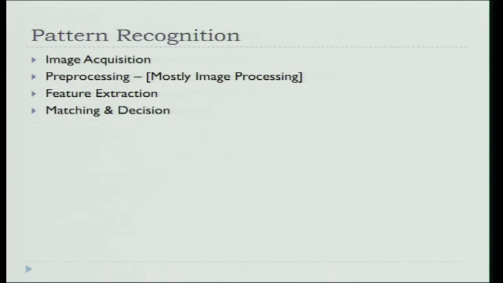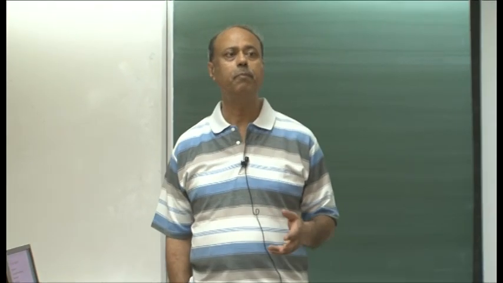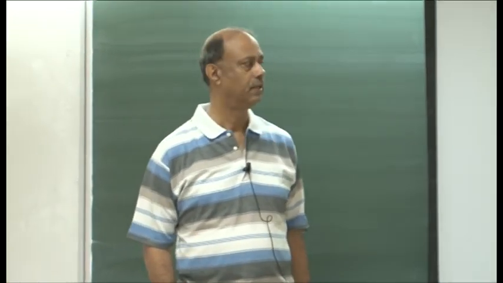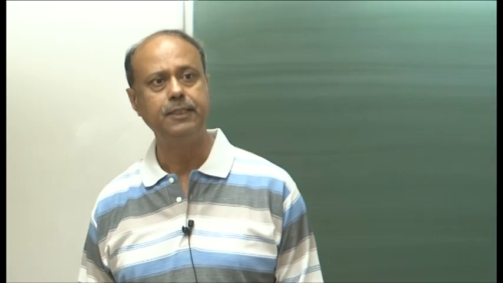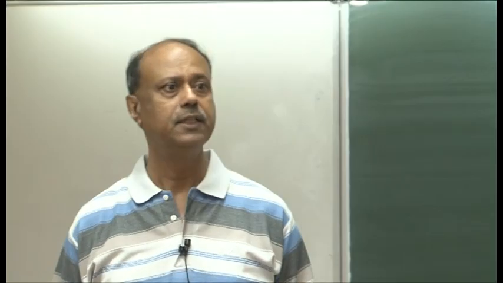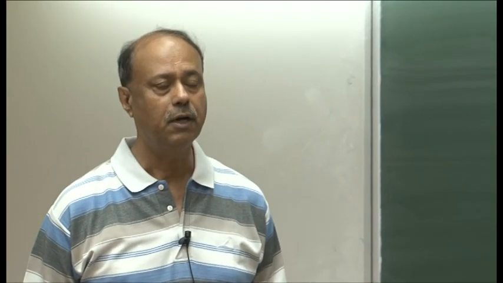The data will be useful only when I get very good quality data. If the quality is poor, it is very difficult for us to identify something. So the image acquisition system should be such that it is useful for us to determine something.